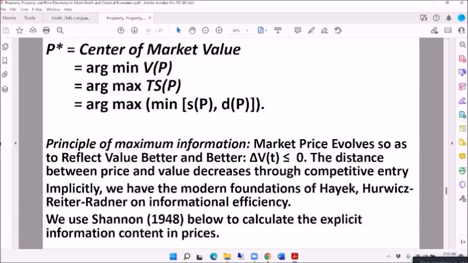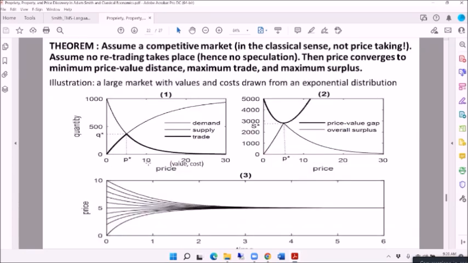They make specialization decisions. The whole idea in Adam Smith that the division of labor leads to wealth maximization. And we're also going to use Shannon, the MIT electrical engineer in 1948, to calculate the explicit information content in prices. But here is just a summary of what I've been talking about.